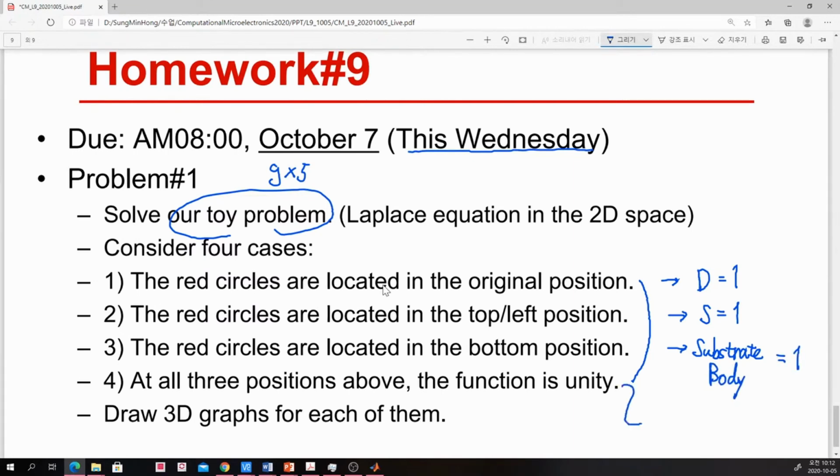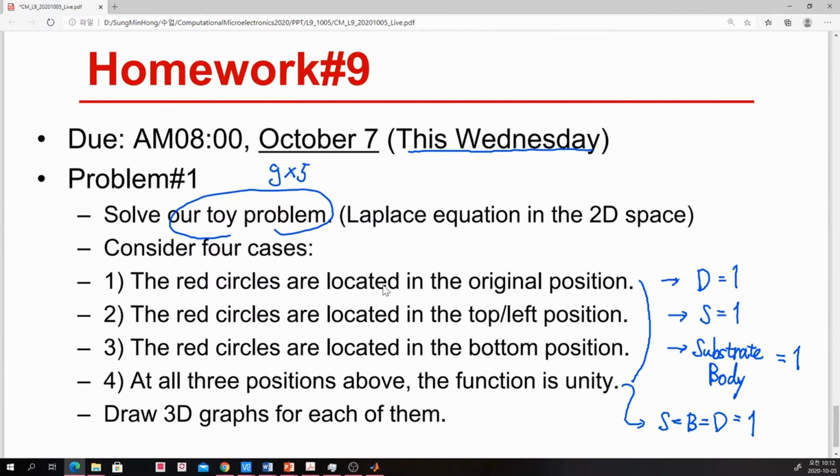And finally, we have source, body, and drain, all of them biased with 1. Okay, so please make a comparison between these solutions, and I think that's all for our homework number 9.